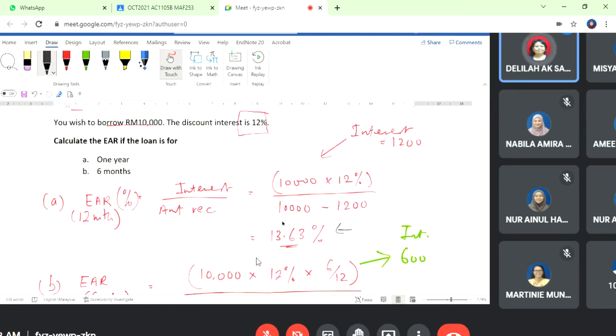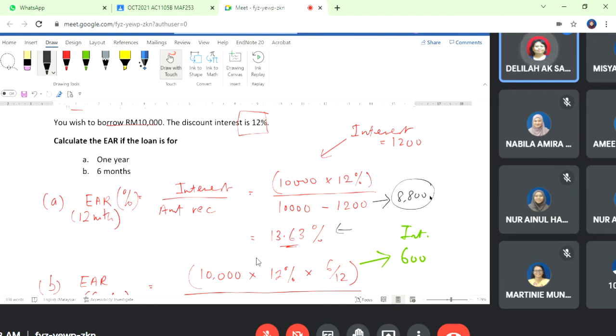Okay, macam ni. When they deduct the interest immediately from the amount that you borrow, at the beginning, you are not getting 10,000. You are getting less than 10,000. In this case here, amount yang you terima tu daripada bank adalah hanya 8,800.